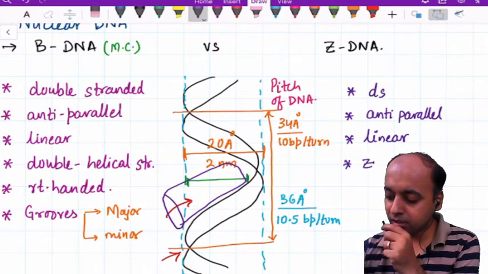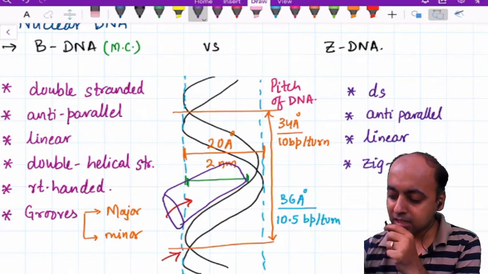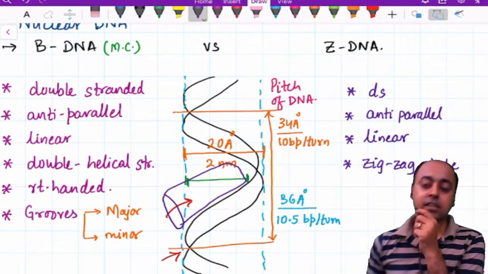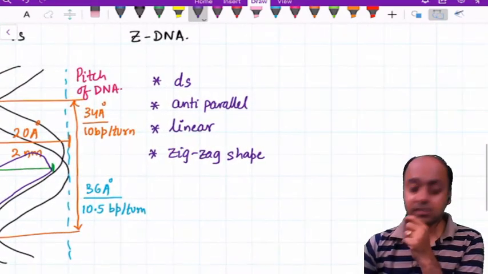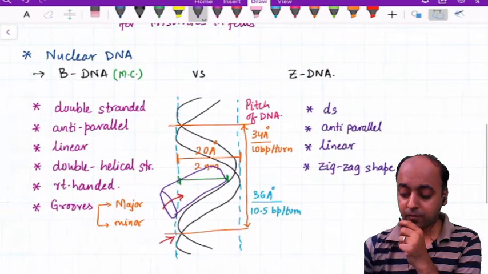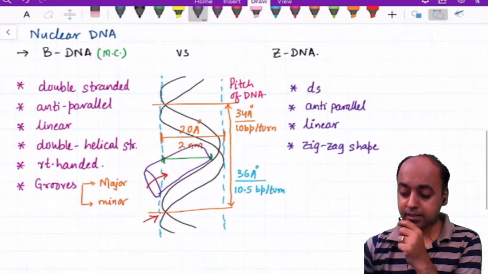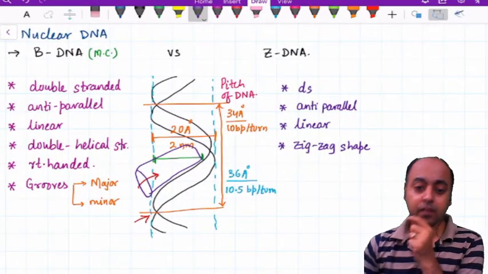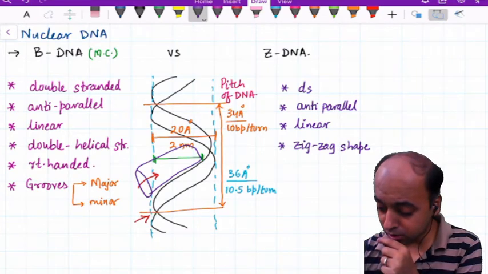It has the zigzag shape. I'm sure all of you have read this in your 11th and 12th. The Z DNA has the zigzag shape, and its arrangement is not right-handed.